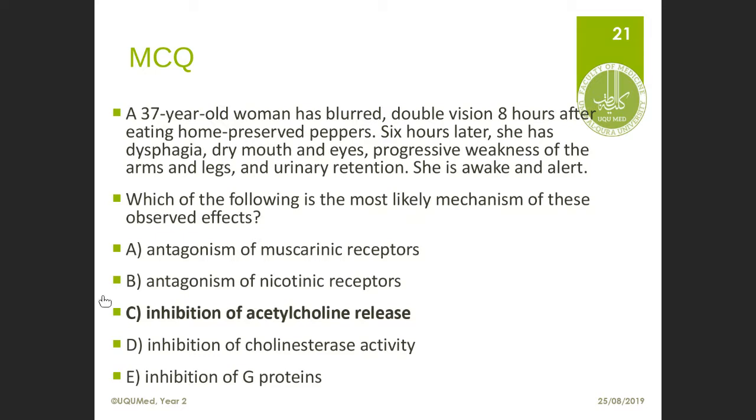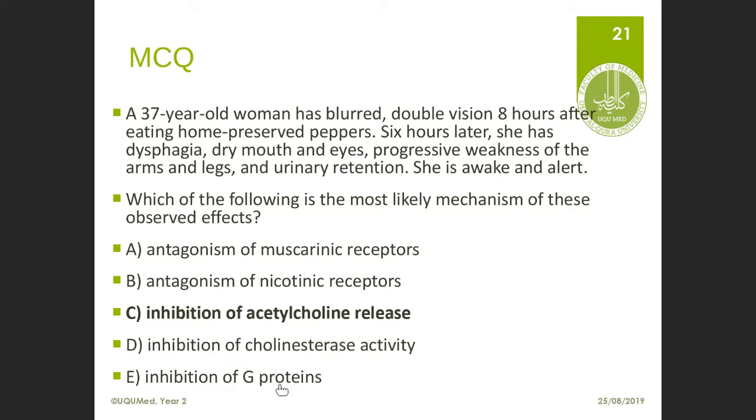If you see all these options, I will go from ascending to descending, like inhibition of G proteins. If you see the mechanism of the sympathetic nervous system and parasympathetic receptor stimulation, some are stimulated by increased influx of calcium, and some involve an increase or decrease in cyclic AMP.